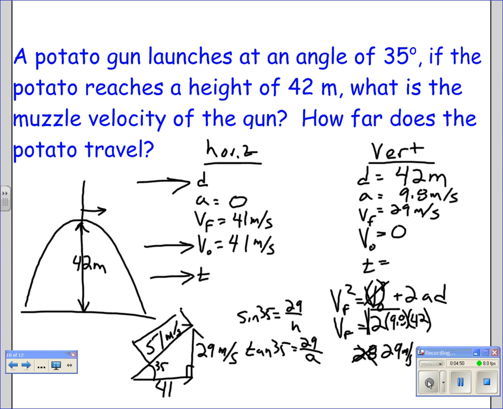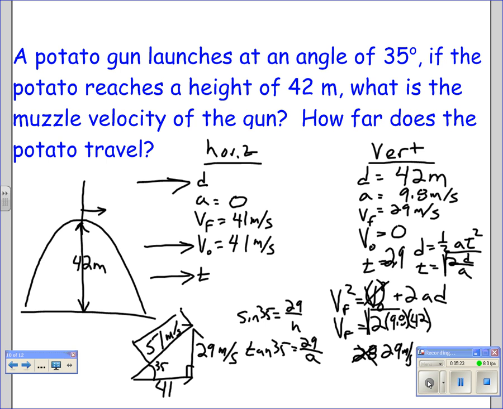To figure out my time, again, I go back to vertical. Distance is 1/2 at squared, as long as my initial velocity is 0. So that means time would be 2d over a, take the square root. So 2 times 42 divided by 9.8, take the square root, and that's about 2.9 seconds to fall.